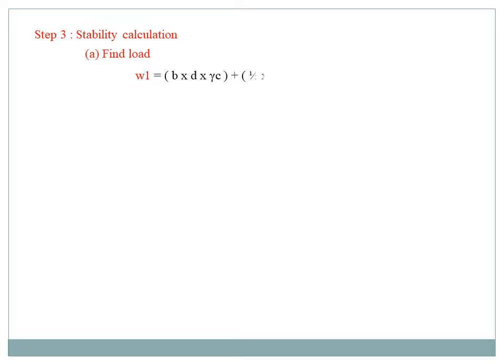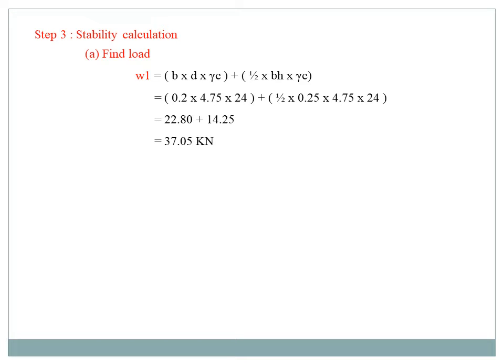Then stability calculation, then find the load. So W1 is equal to B into D into gamma C, because one rectangular portion and one triangular portion is there. Then plus write the triangle area formula, 1 by 2 into B into H into gamma C. We know all the values from our code book. First B is 0.2 meter, so apply the values.